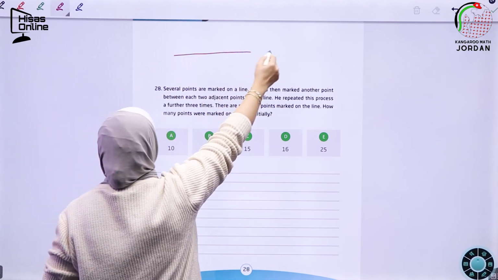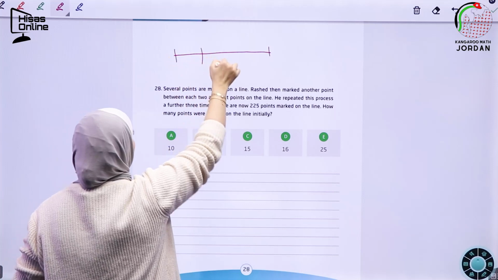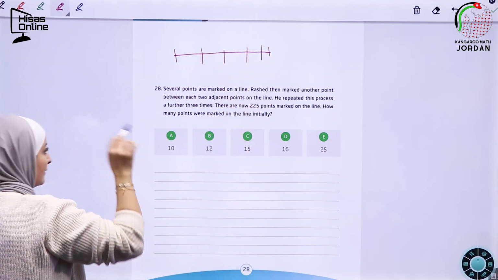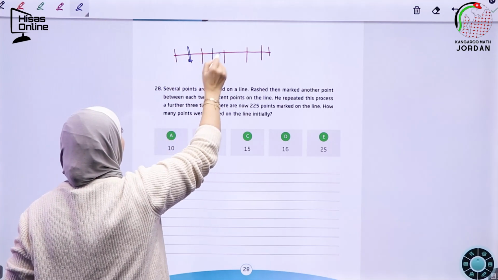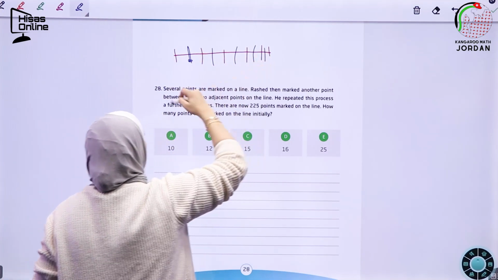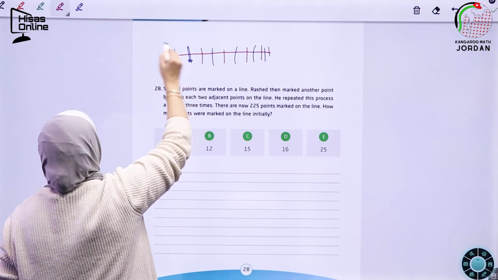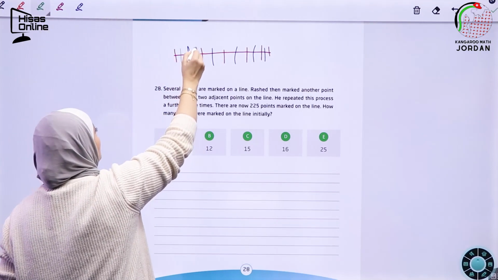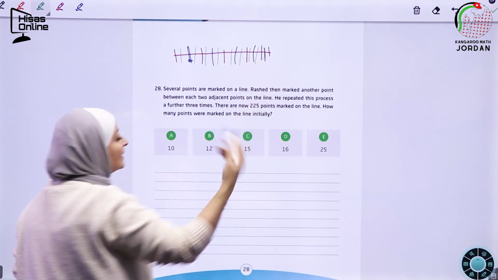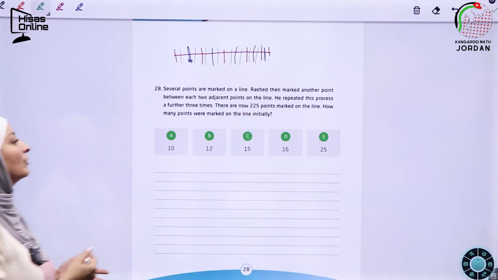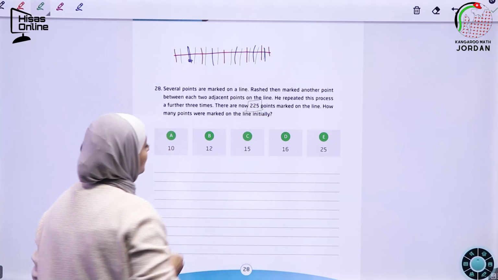What did he do is put a certain number of points on the line. Then he adds in between each one. Then he will add between two, and keep doing this, guys, till we reach 225 points.